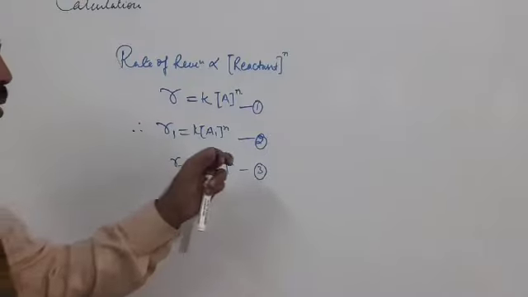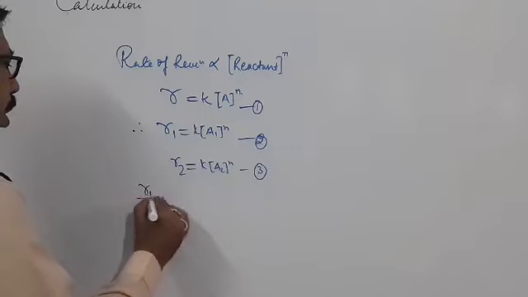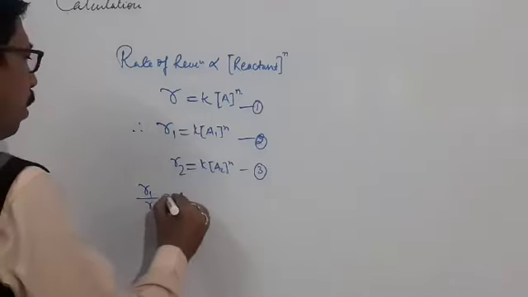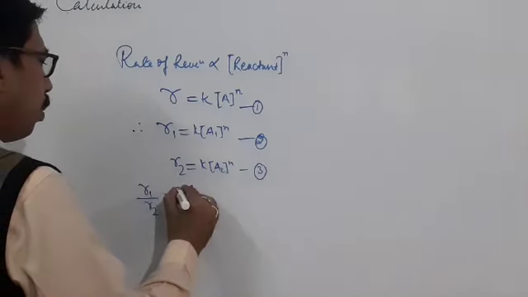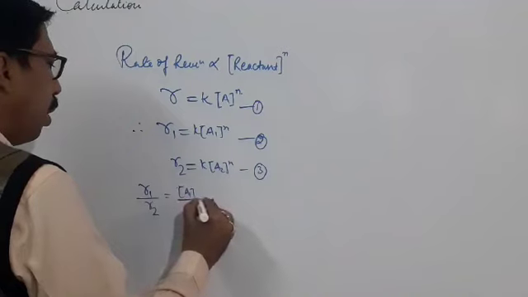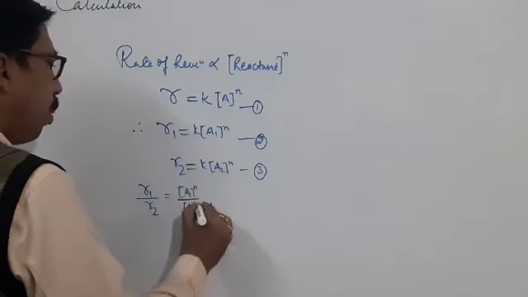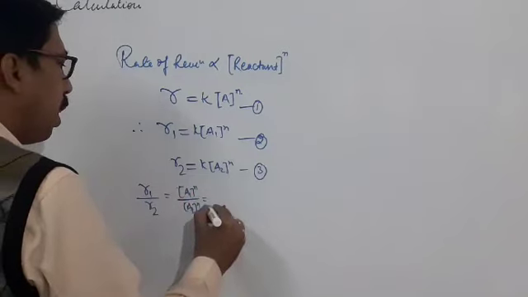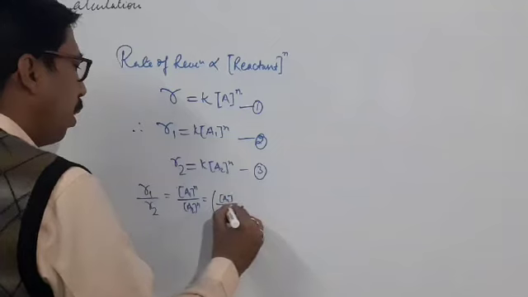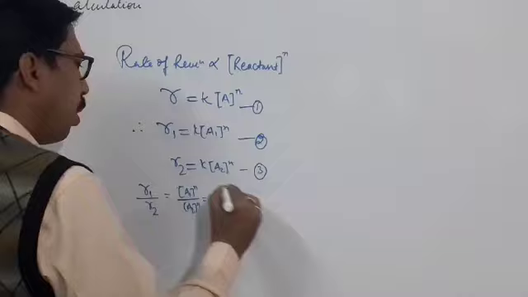Dividing equation 2 by 3, it will be R1 by R2 equal to concentration of A1 by concentration of A2, whole to the power n.